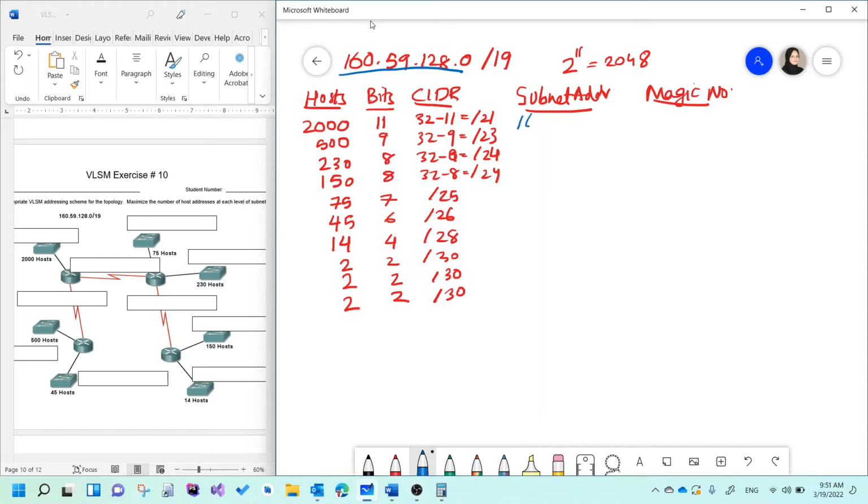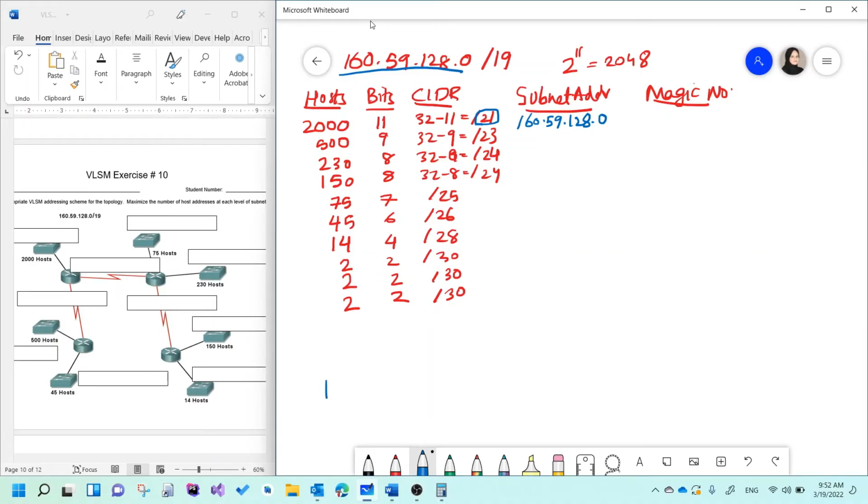So this one would be 160.59.128.0. Now, to figure out the magic number, you need to use the CIDR for this subnet and convert it to a subnet mask. So slash 21 means there are 21 ones and the remaining are 0 from the 32 bits that we have.